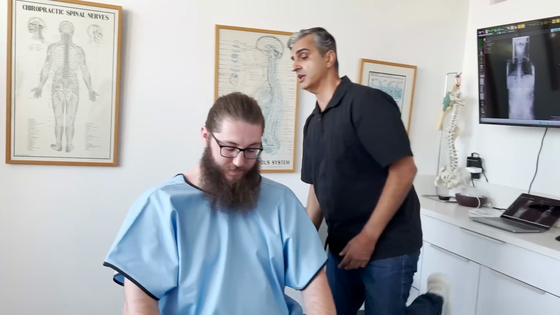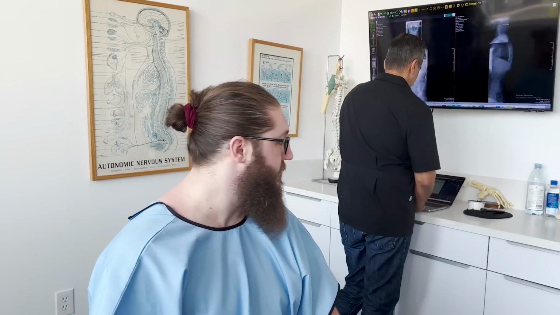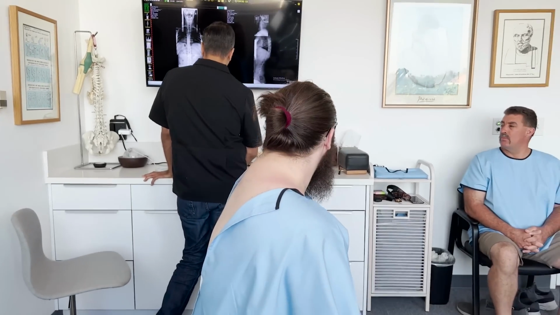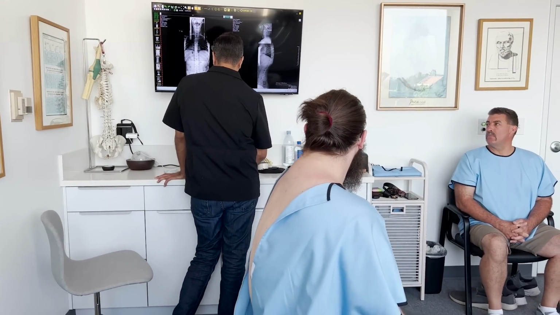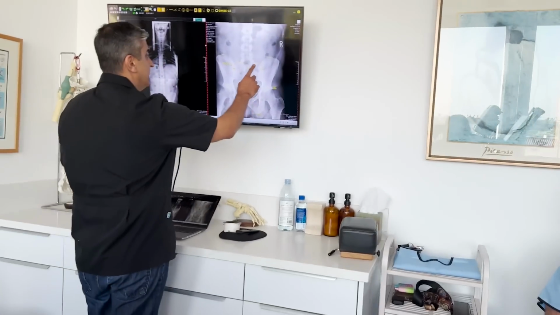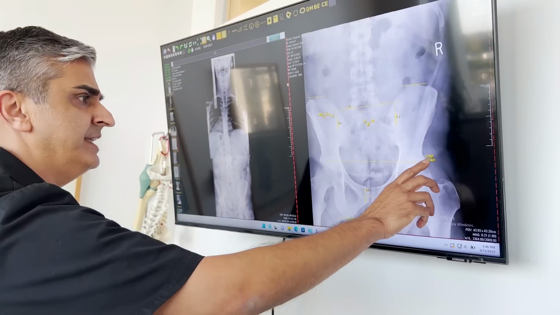So why don't we check you and see what's going on today? Sounds good. And as I check you, I'm going to talk about your case. Is that okay? Sure. So what we did for Nathan is we worked on his foundation. What we found is the rotated sacrum on the right and the rotated pelvis on the left, with a 6 MD measured difference.